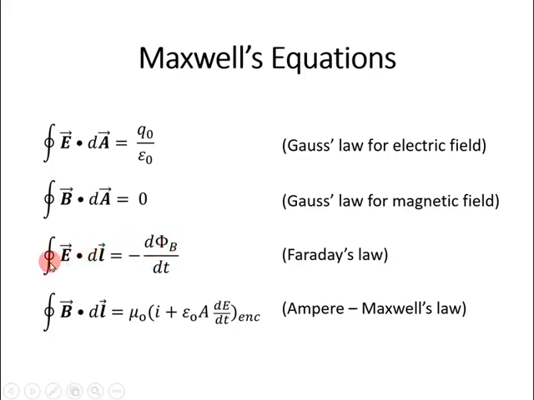That is, the EMF induced can be expressed as this and can also be expressed as this. So we equated them. That is the consequence of Faraday's law. Then finally, we have the Ampere-Maxwell law, which tells us that changing electric field can produce magnetic field.